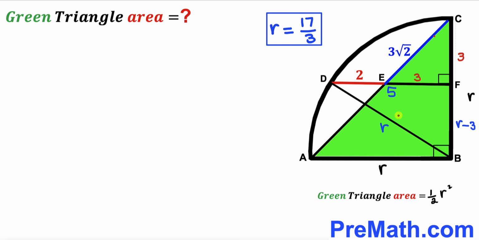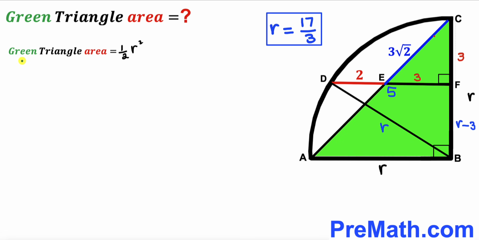And now we are going to calculate the area of this green shaded triangle ABC. Let's recall the green shaded triangle area is a half times r square. So therefore we are going to substitute this lowercase r value over here, which is (17 divided by 3) whole square.